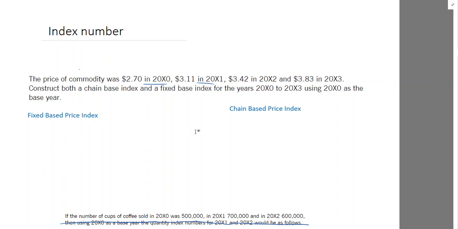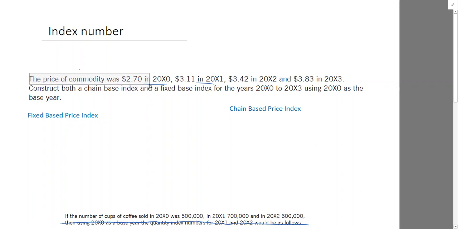So the price one is called price index, and the quantity one is called quantity index. We have other indexes as well, but for now, let's look at price index. We have a question here.